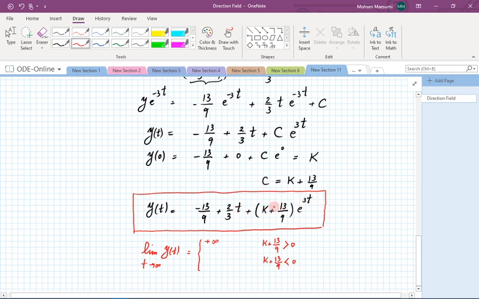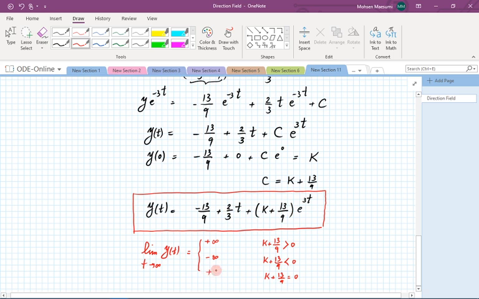So we are going to go to minus infinity. However, if k plus 13/9 is exactly 0, if we manage to keep this thing at 0, everything is decided by this one, and when t goes to infinity, that goes to plus infinity.